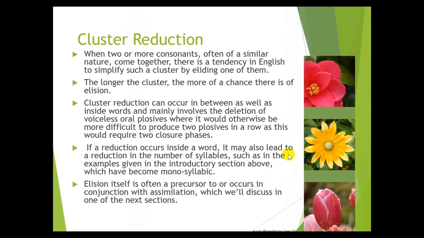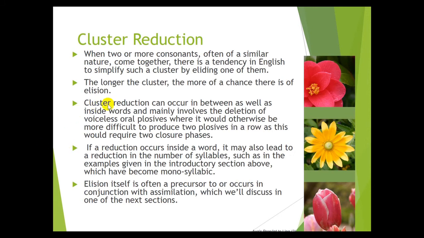Another phonetic process is cluster reduction. Cluster reduction is a condition when two or more consonants, although of a similar nature, come together, and there is a tendency that in such a cluster, we eliminate one of the sounds to make it simple.